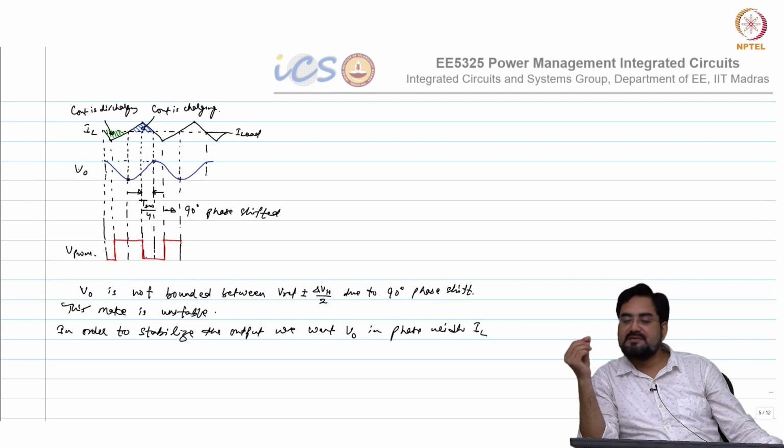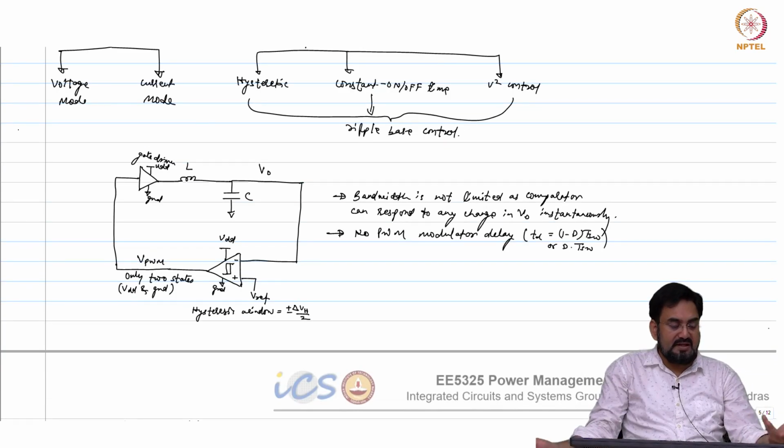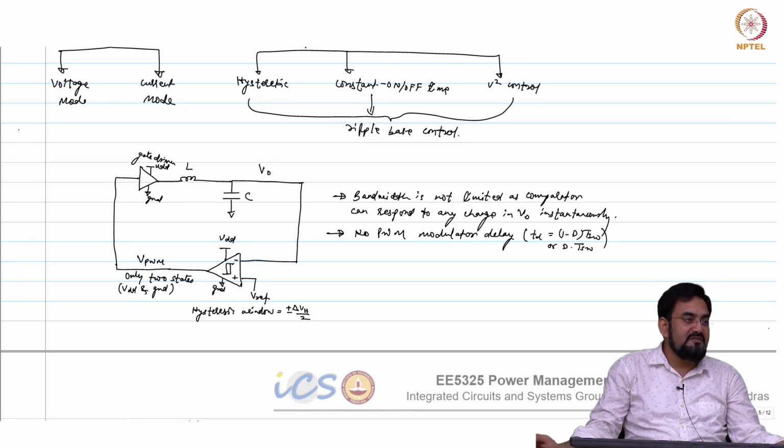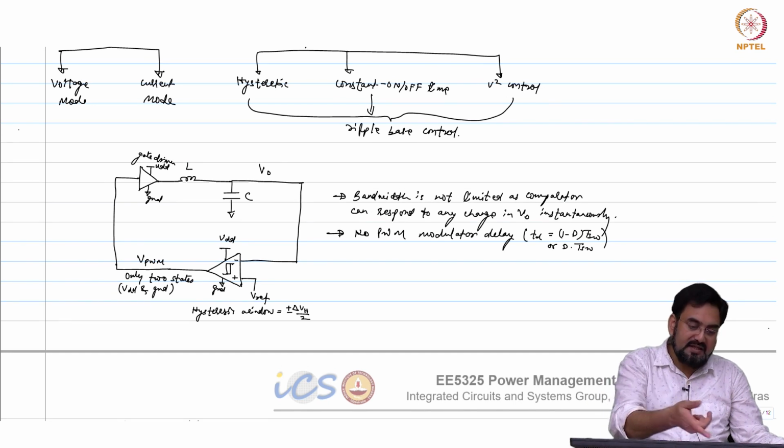How can we bring that in phase? Then it will make it unstable. 180 degree phase shift total. Then if you make another 90 degree, it will become a positive feedback. Already you have a 180 degree phase shift due to negative feedback, with an additional 90 degree coming from the output.